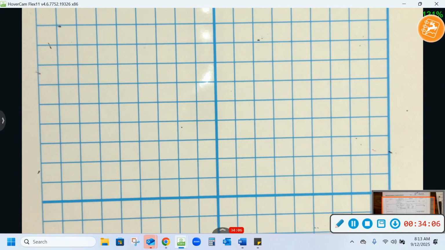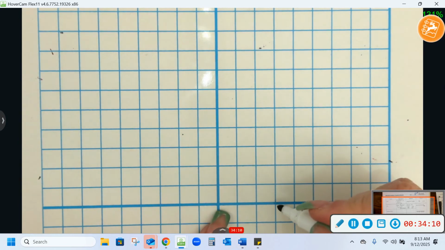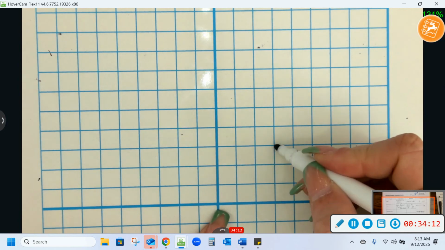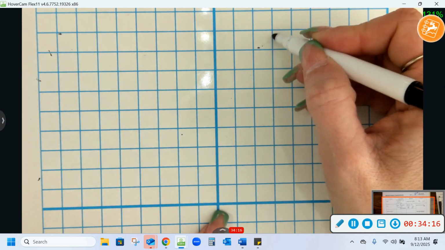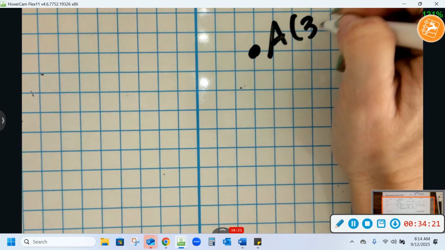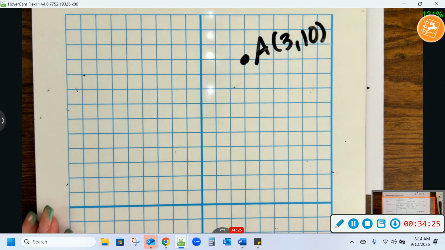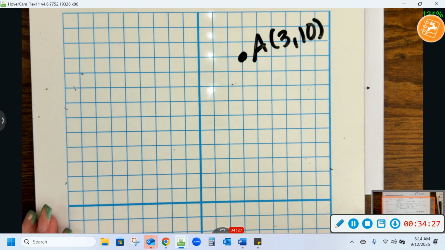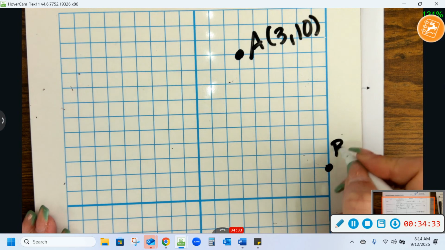You'll need to turn it vertically probably. A is at 3, 10. And B is at 9, 2.